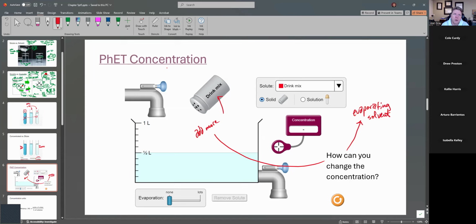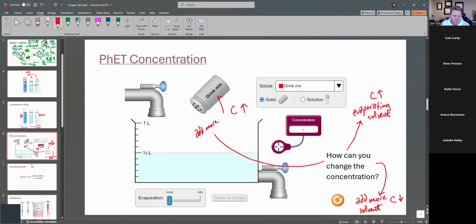Adding more drink mix would cause the concentration to go up. The last way that we could change the concentration is add more solvent. When we add more solvent, that causes the concentration to go down. So I'm going to say over here, add more drink mix, the concentration goes up. Evaporating solvent, concentration goes up. Add more solvent, concentration goes down.